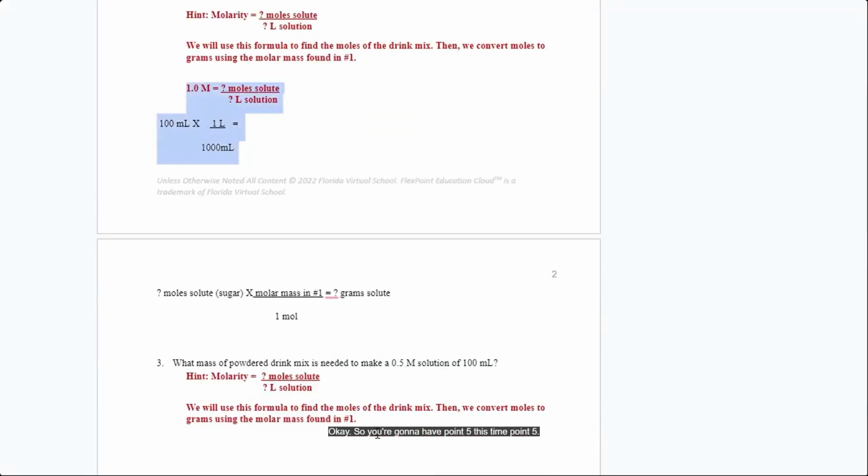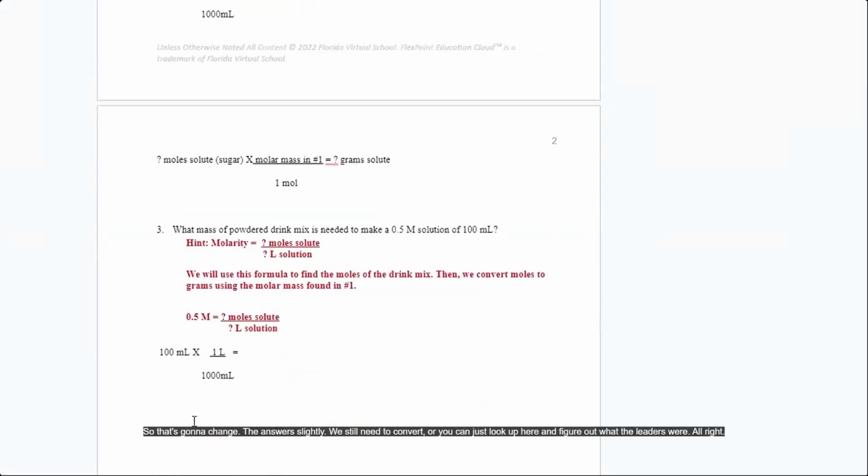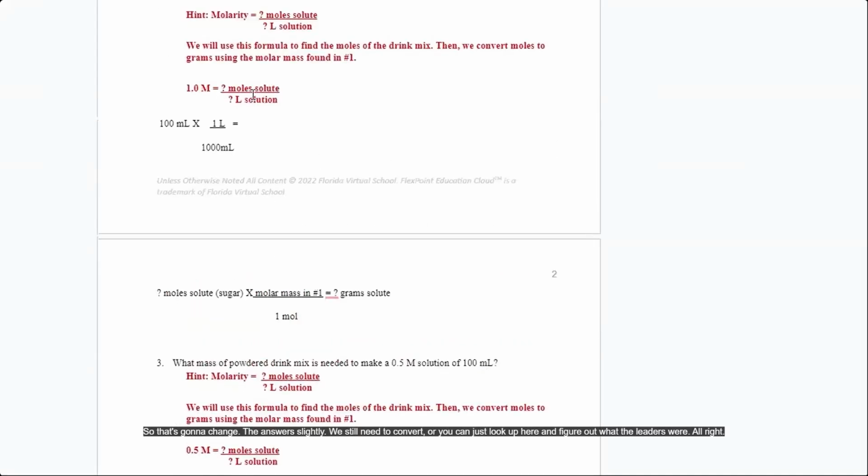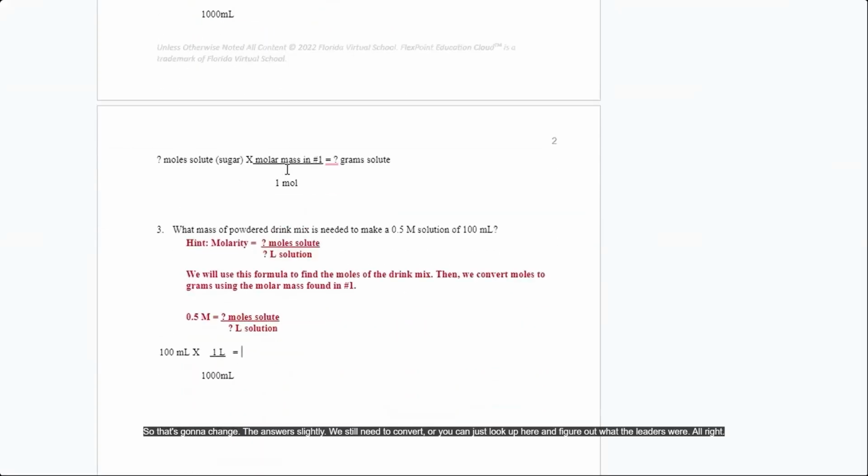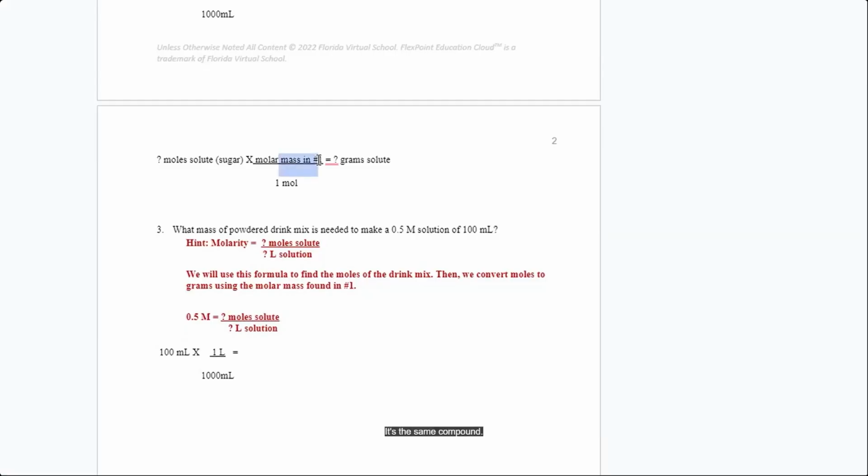So you're going to have 0.5 this time, so that's going to change the answer slightly. We still need to convert, or you can just look up here and figure out what the liters were. Once you get that, you can plug in your liters, solve for your moles, and then convert moles to grams using the exact same molar mass because it's the same compound.